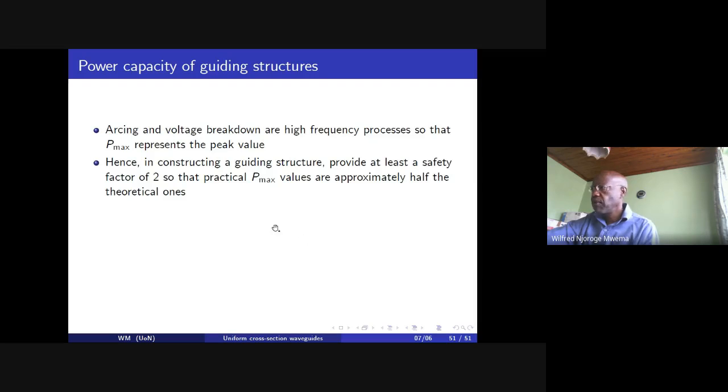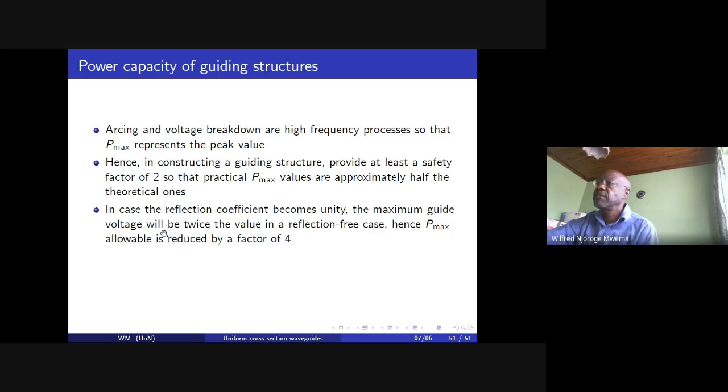So all waveguides will be designed with this criteria in mind to try and avoid arcing. In case the reflection coefficient becomes unity, the maximum in the guide will be twice the value in a reflection-free case, so Pmax allowable must then be reduced by a factor of 4.